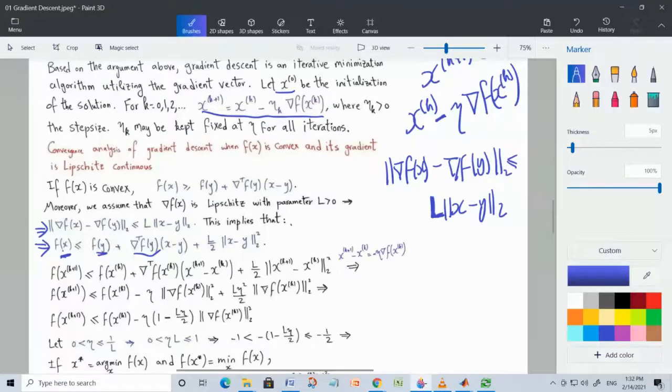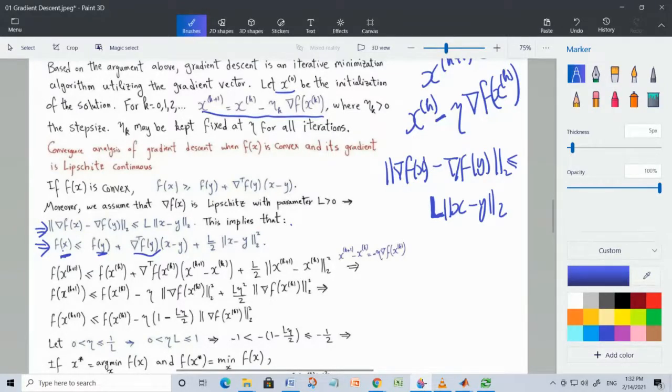You will find a hint in the problem telling you how to go from the definition of the gradient being Lipschitz continuous to proving this statement, which is very important in the analysis of the convergence of gradient descent.